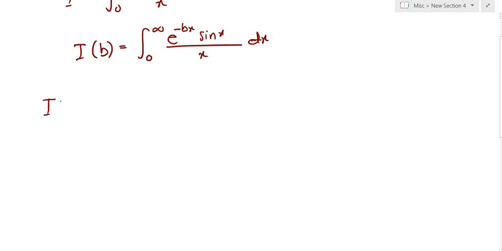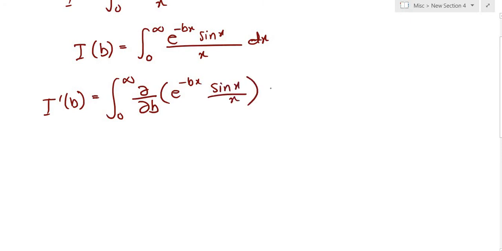So let's differentiate both sides with respect to b. So we have the integral from 0 to infinity of the partial derivative with respect to b of e raised to negative bx times sine of x over x dx, and this is the integral from 0 to infinity of negative e raised to negative bx, and we also have an x, times sine of x divided by x dx.